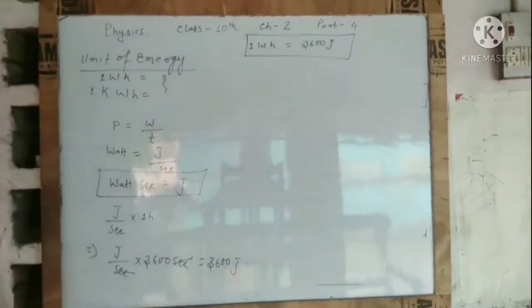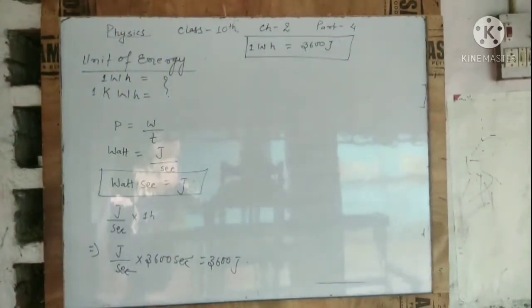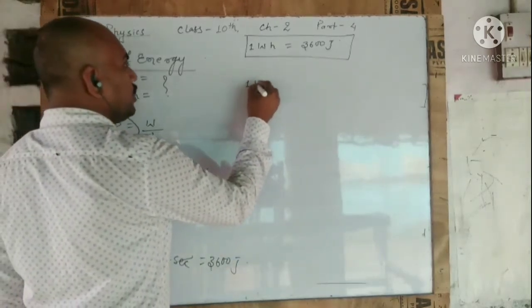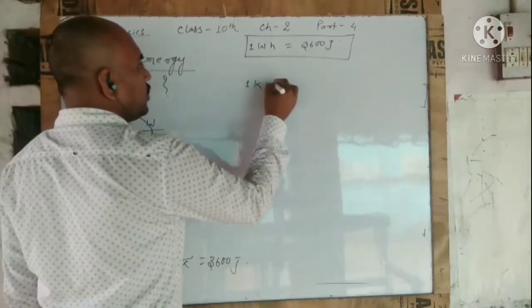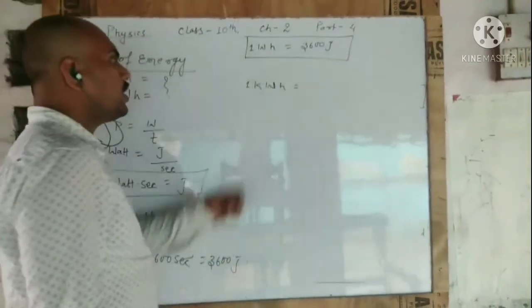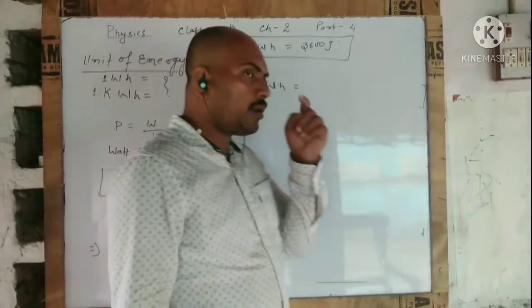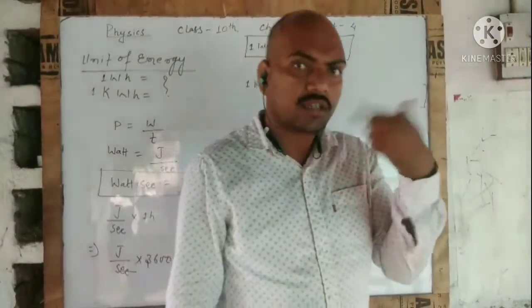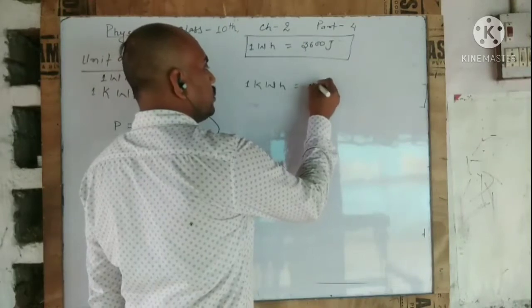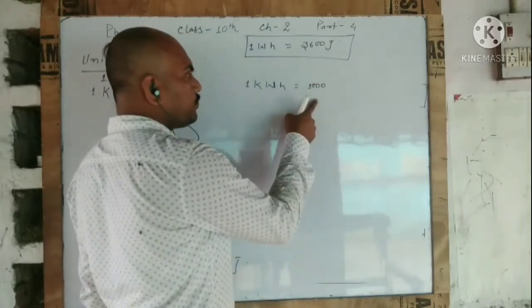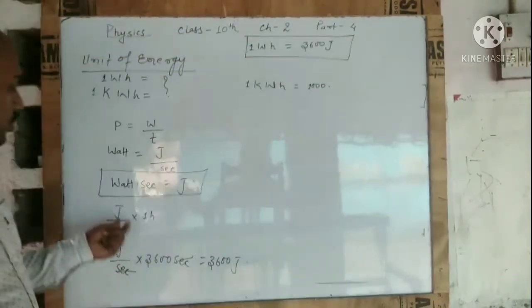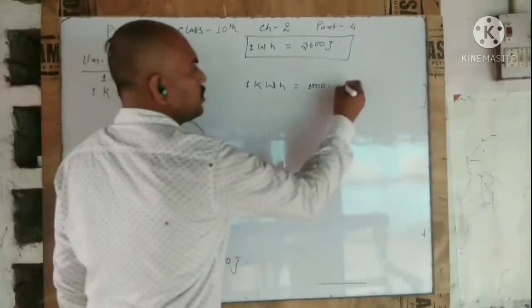Okay, now 1 kilowatt hour. 1 kilo means 1000. Watt, as we know, is equal to joule per second.